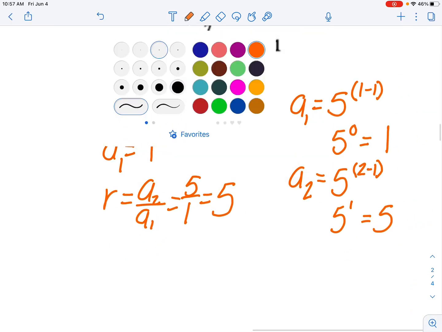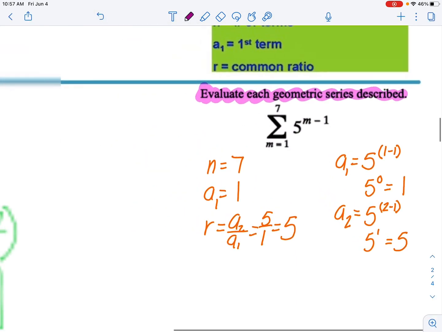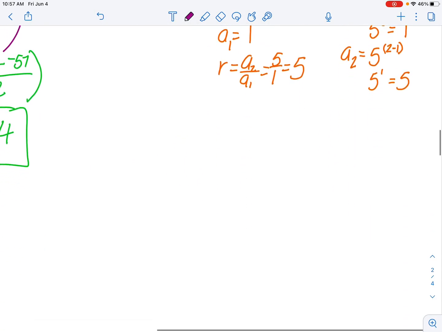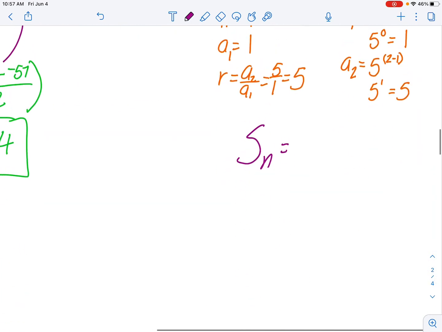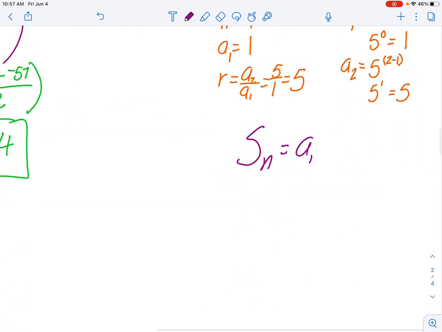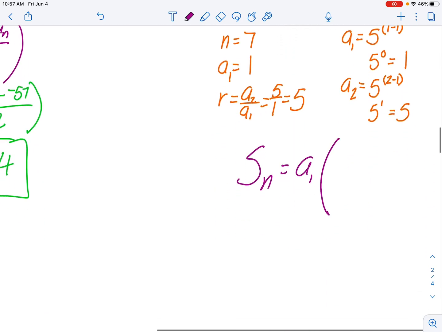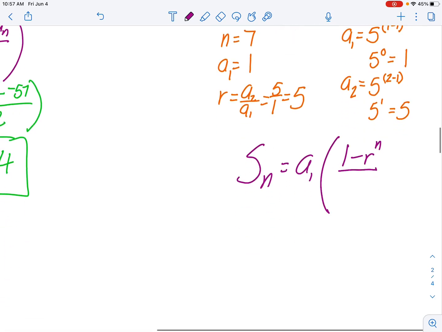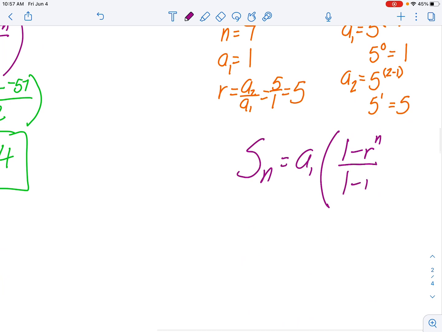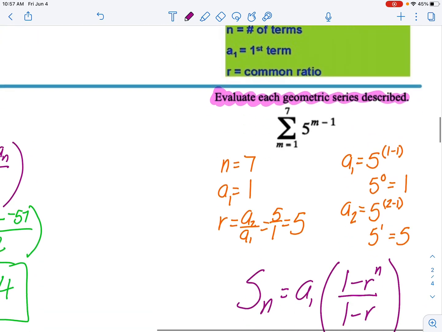So we have everything that we need now. I'm going to recopy the formula here. This says S sub n is equal to a1, big parentheses, 1 minus r to the nth power over 1 minus r, big parentheses here.